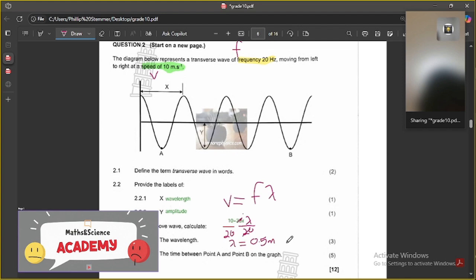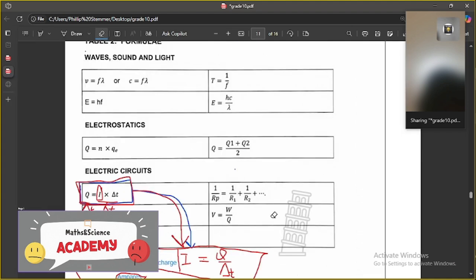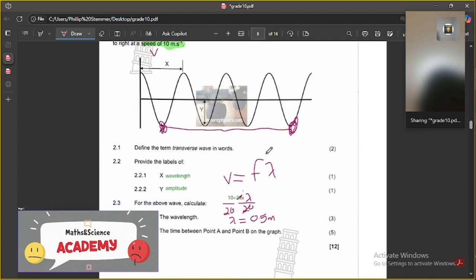So the next question says: determine the time between point A and point B. Here we have many ways to kill a cat. We have two formulas. We are supposed to find the period T. So what is the distance between A and B?